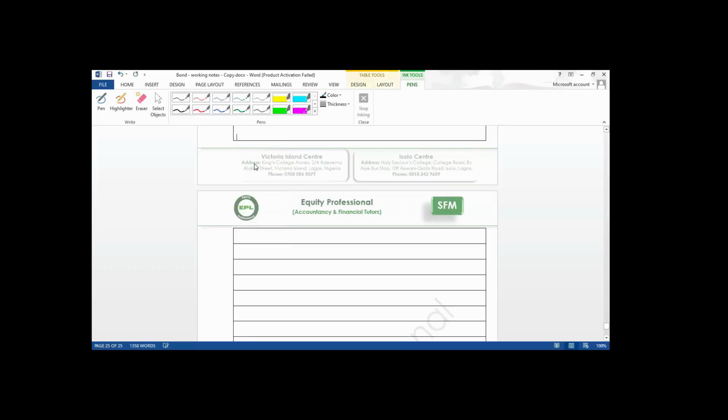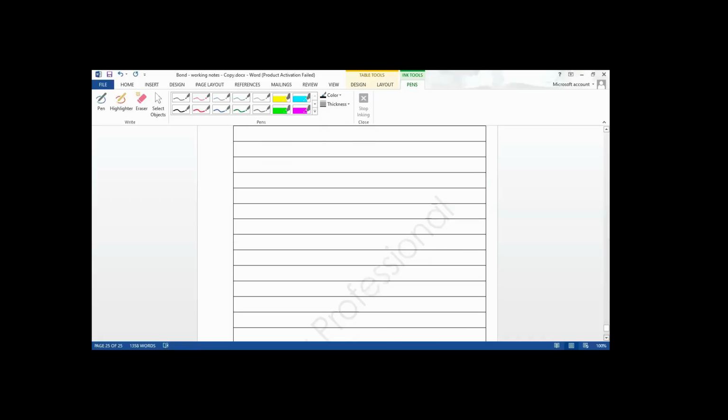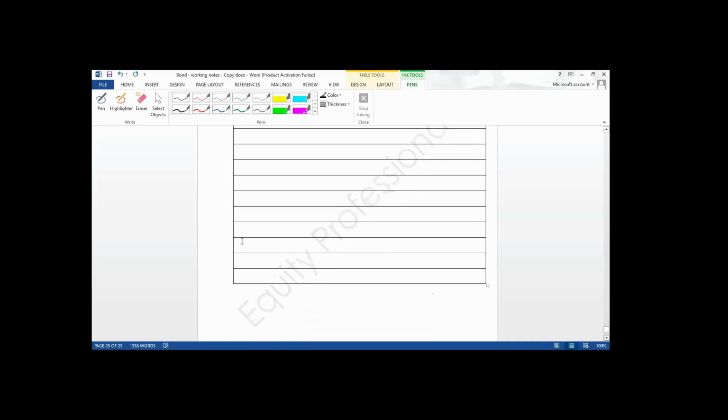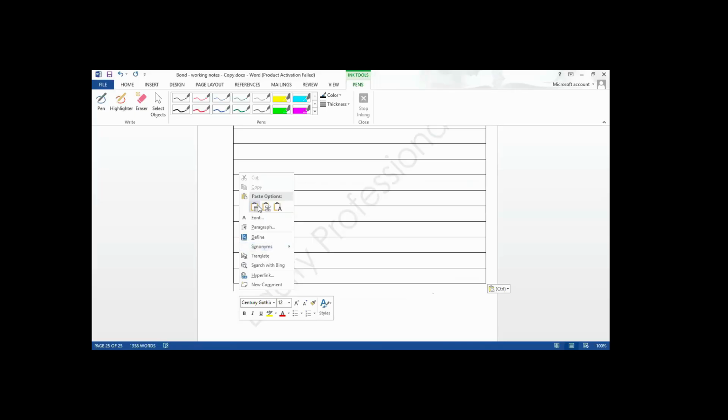It's loading. Let's do one more. Let's do one more. Without that margin, just 1 minute.